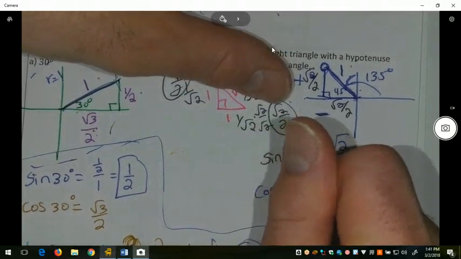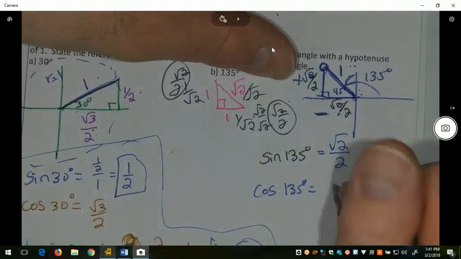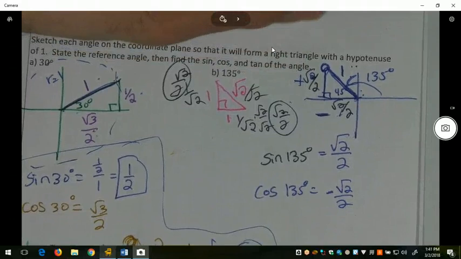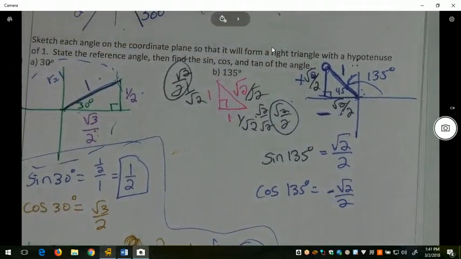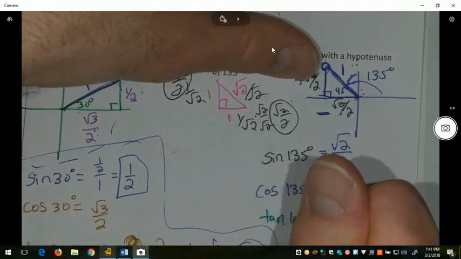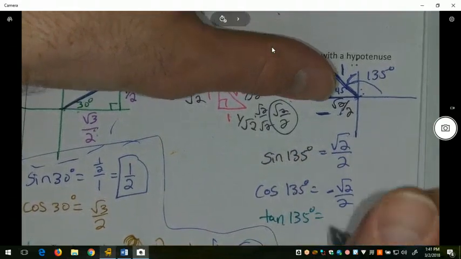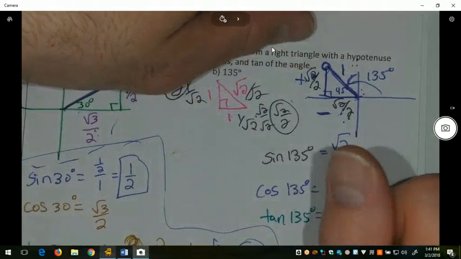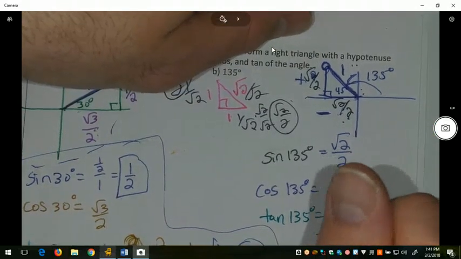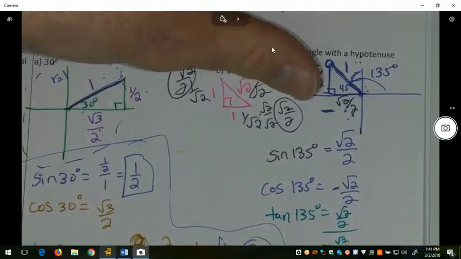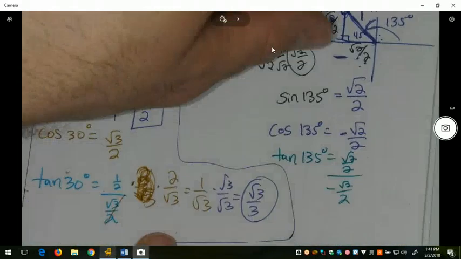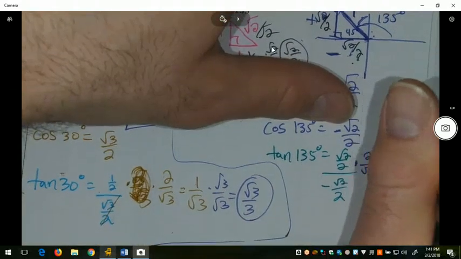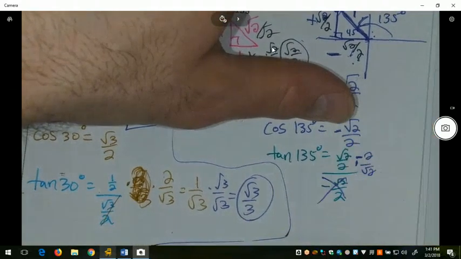Cosine of 135 degrees is adjacent over hypotenuse, so negative square root of 2 over 2 over 1, which is just going to be negative square root of 2 over 2. And tangent of 135 degrees will be opposite over adjacent, square root of 2 over 2 divided by negative square root of 2 over 2, or rather multiplied by the reciprocal value, times 2 over square root of 2, and that thing is negative.